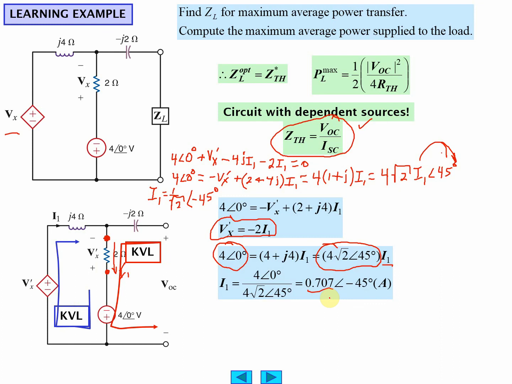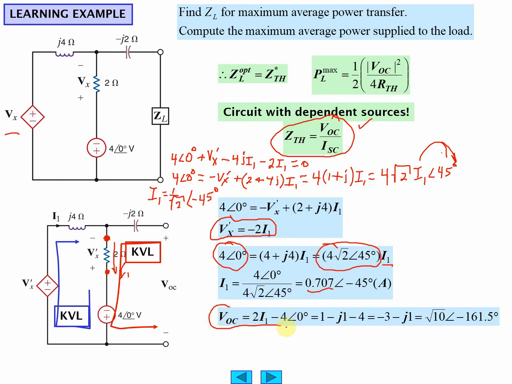So now we got to go on to find the open circuit voltage. Of course, that's going to be this potential. Remember, this potential is higher than this one, and this potential is low. So we're going to have a plus and then a minus going on. Perfect, right there.